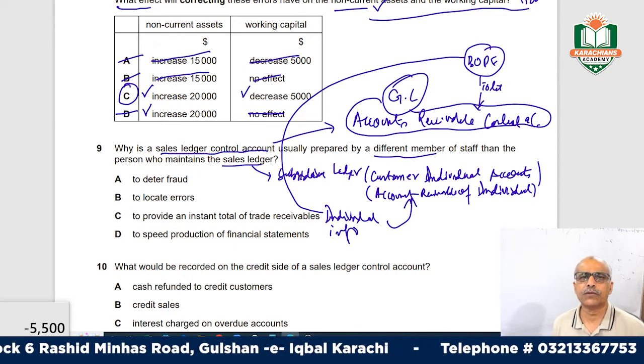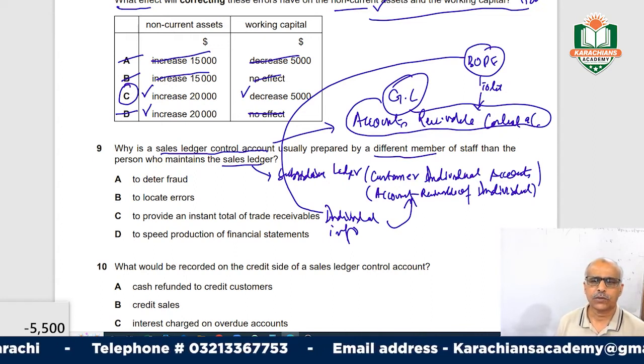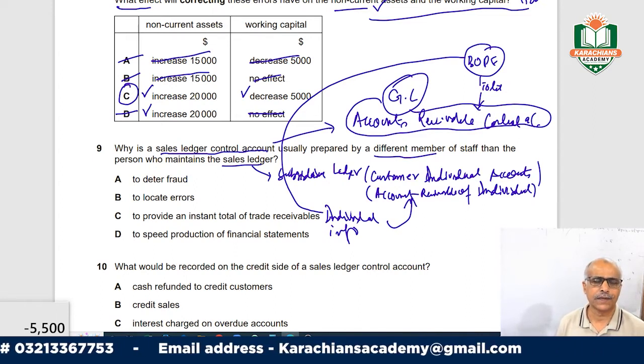So this is with a view to control any fraud. The main purpose is to control or detect fraud.